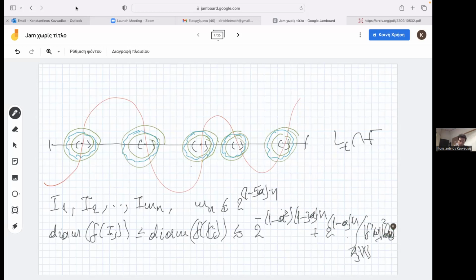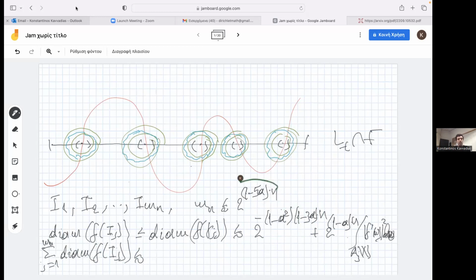So here I sum over j, which is exactly this sum that we need to bound in order to deduce that f is absolutely continuous. Then this would be at most a constant. In the first term, I multiply by M_N, the number of those intervals, but M_N has this bound here.